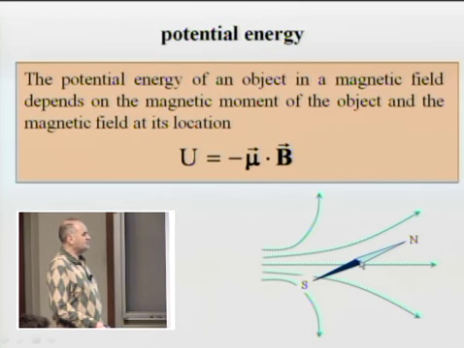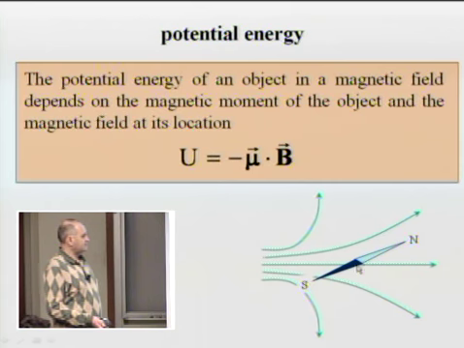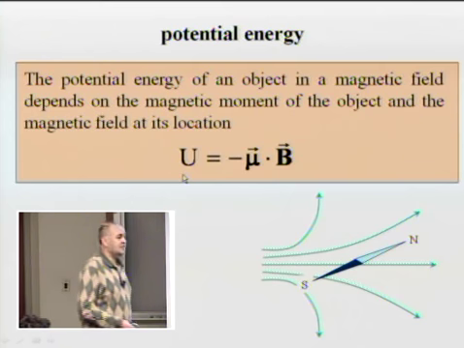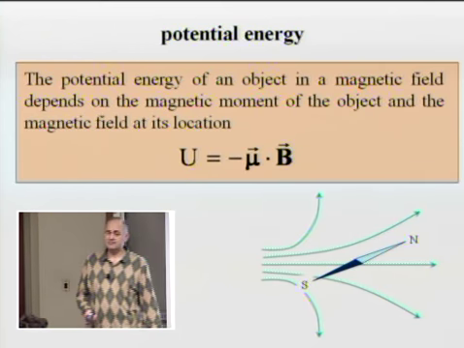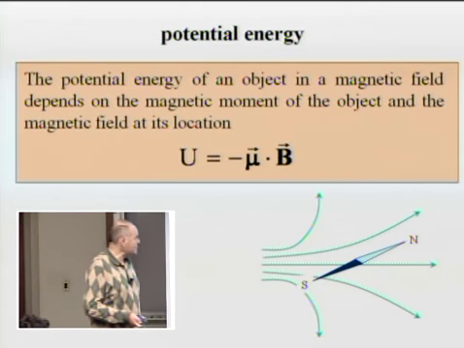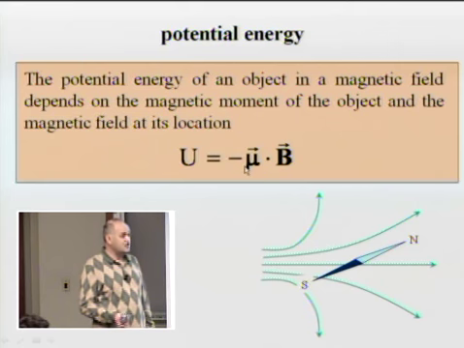Now, how does position affect it? Let's say that I move this needle without changing its orientation. At what place would magnetic potential energy have the highest value, and at what place the lowest value? Now the angle doesn't change. The magnetic moment of the object doesn't change either.